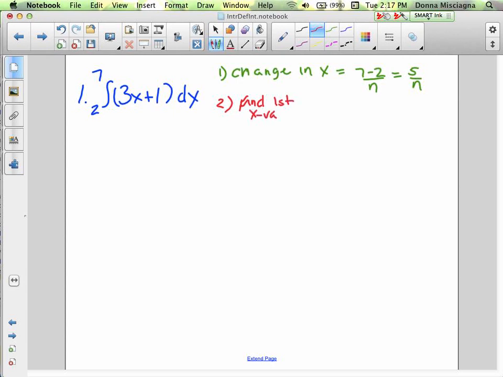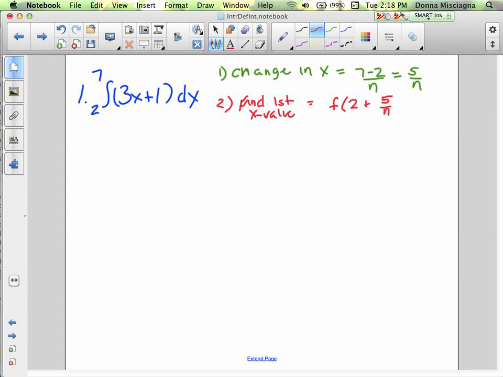So that would be f of 2, and then, don't close your parentheses, plus the change in x, because we're using a right Riemann sum there.